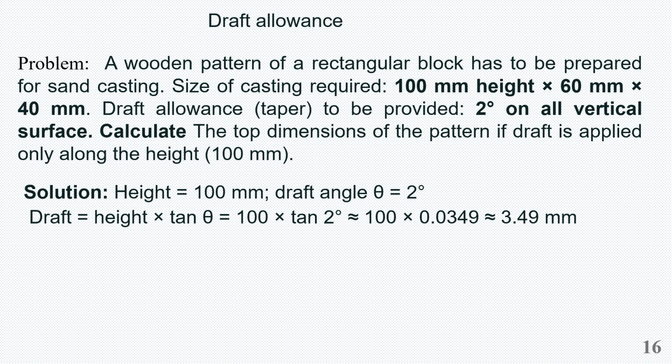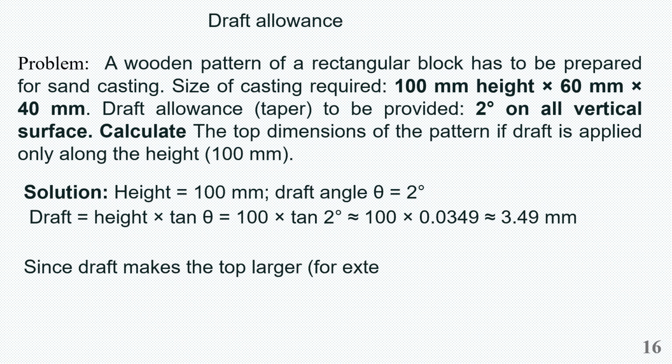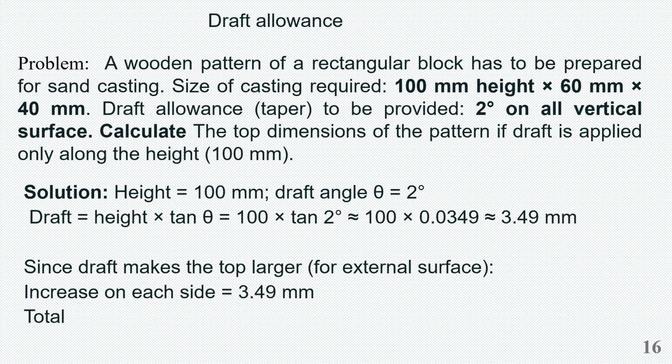The draft dimension is obtained as height into tan of the draft angle. So 100 into tan 2 degrees is approximately 3.49 mm. Since the draft makes the top larger for an external surface, we increase each side. On both sides we are going to provide the taper, so each side increases by 3.49 mm.